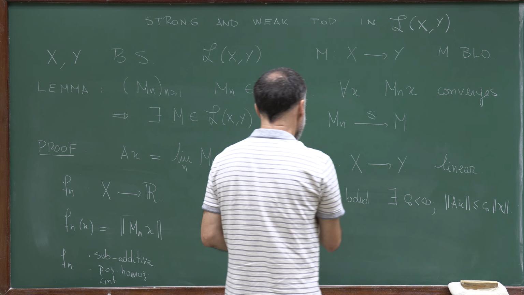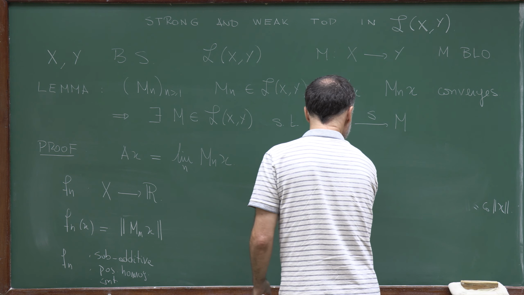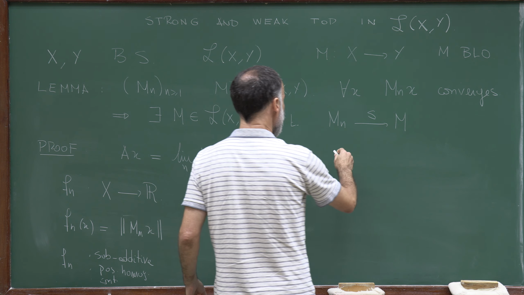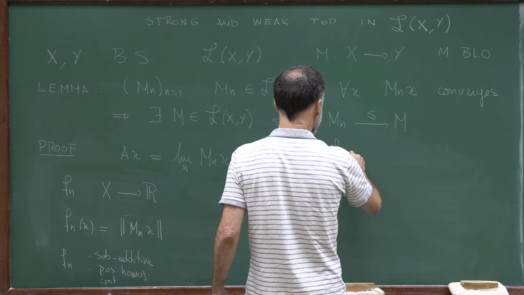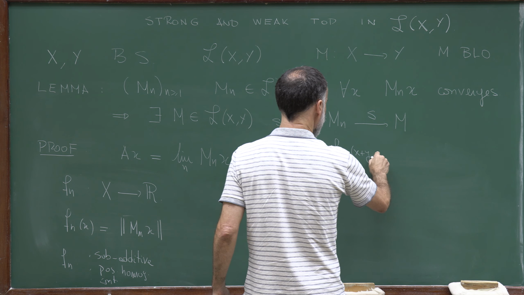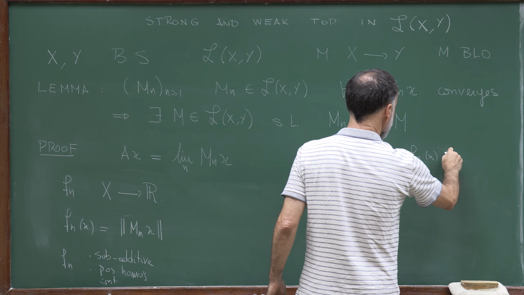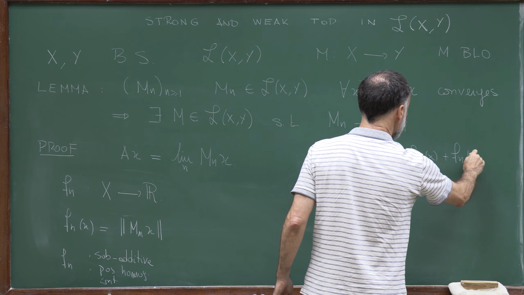So let me prove that here. Let me recall that subadditive means that fn(x + y) is bounded by fn x plus fn y.